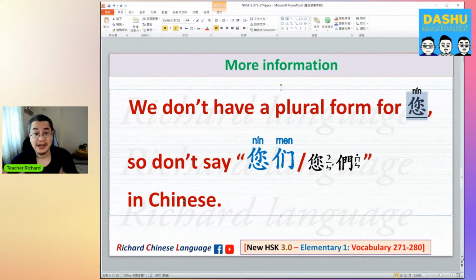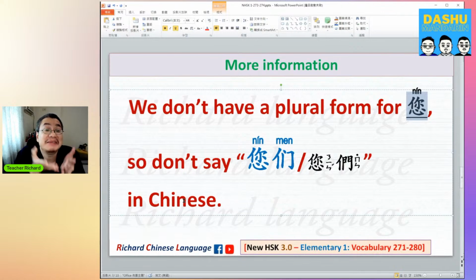So how about when you say something to a group of people who are older than you and really respectable? We say 你们 only. Even when there are a lot of people you respect, we still say 你们.